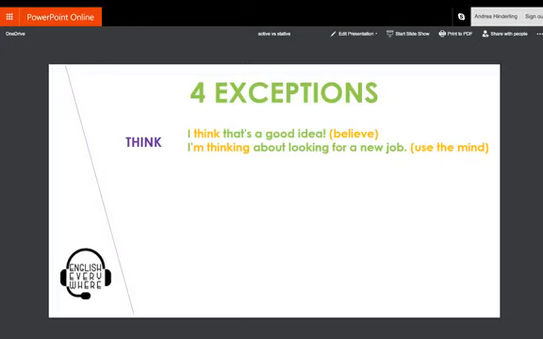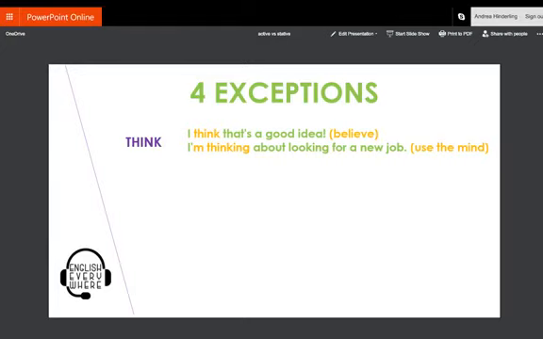Thinking we can use in the continuous when we're talking about using our minds to consider something, right? So I'm thinking about looking for a new job. So I'm considering, or I'm using my brain, using my mind to think about looking for a new job. You would never say, I believe, or I'm believing about looking for a new job.